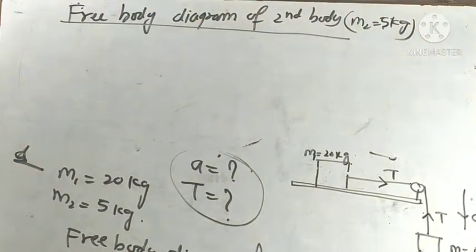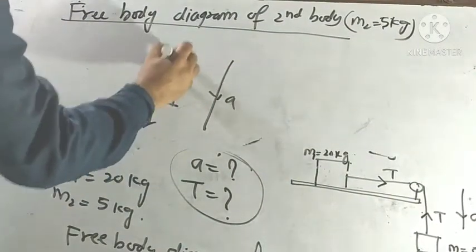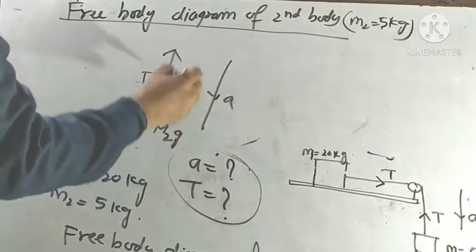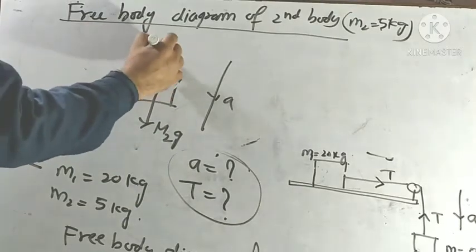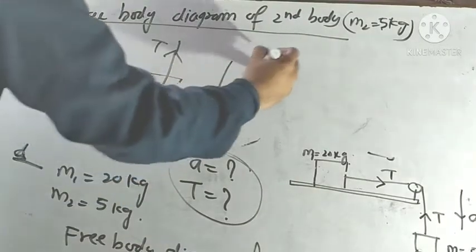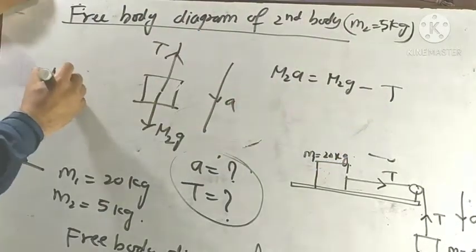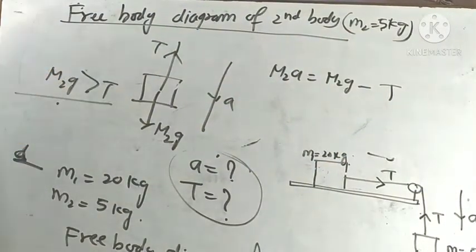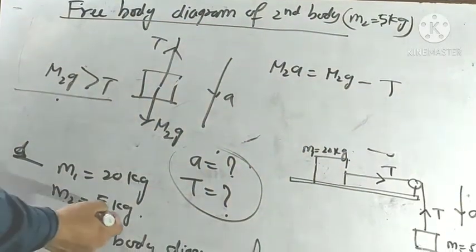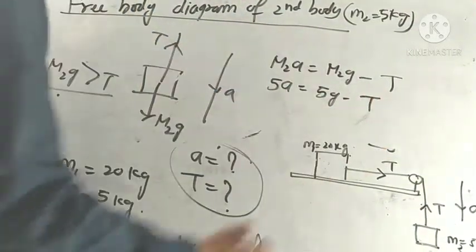This body will move vertically downward with acceleration a. There are two forces working on this body: weight m2g working vertically downward, and tension T in the string working vertically upward. Since this body moves downward, the net force on this body will be m2a is equal to m2g minus T, here m2g is greater than T. Putting the values, 5a is equal to 5g minus T. We call it equation number 3.